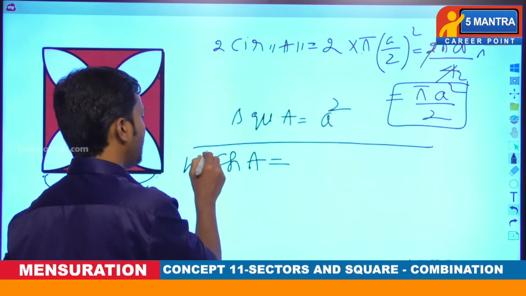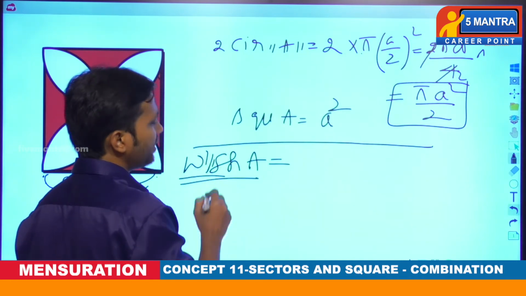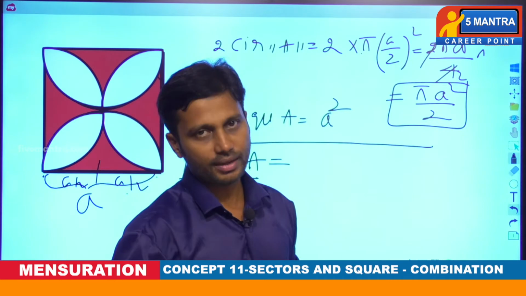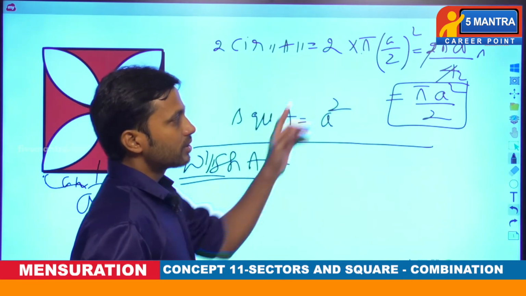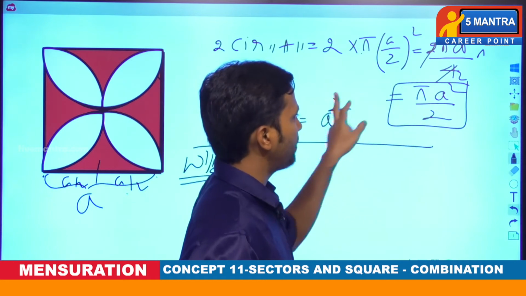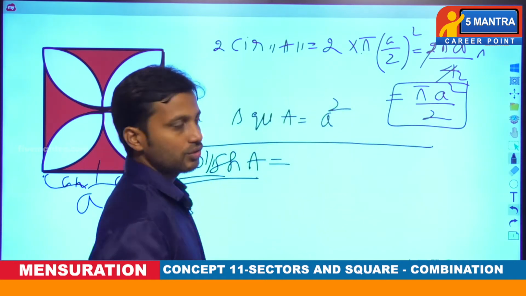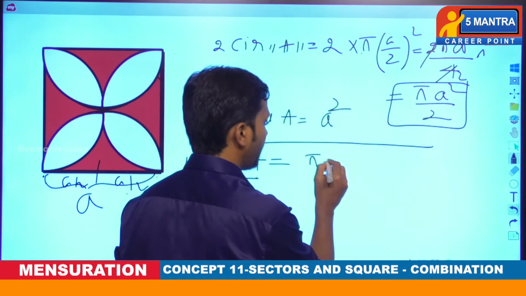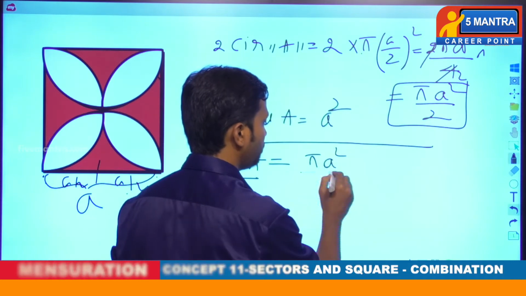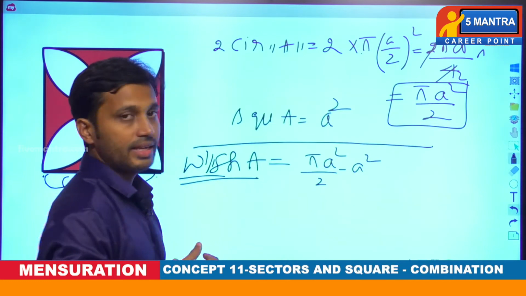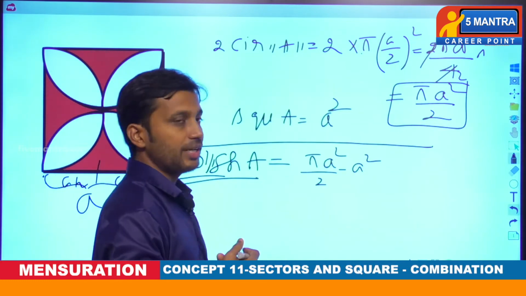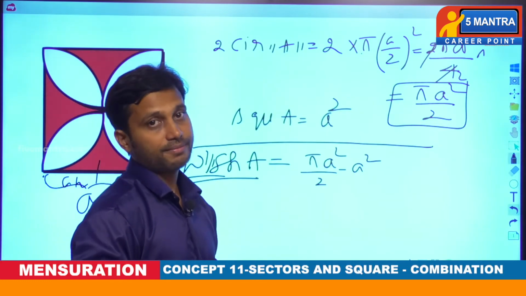In this diagram it is white color, no? Whatever the color is, that flower shaped area is equal to the sum of the areas of four semicircles minus the area of the square. So that would be pi a square by 2 minus a square. Clear?